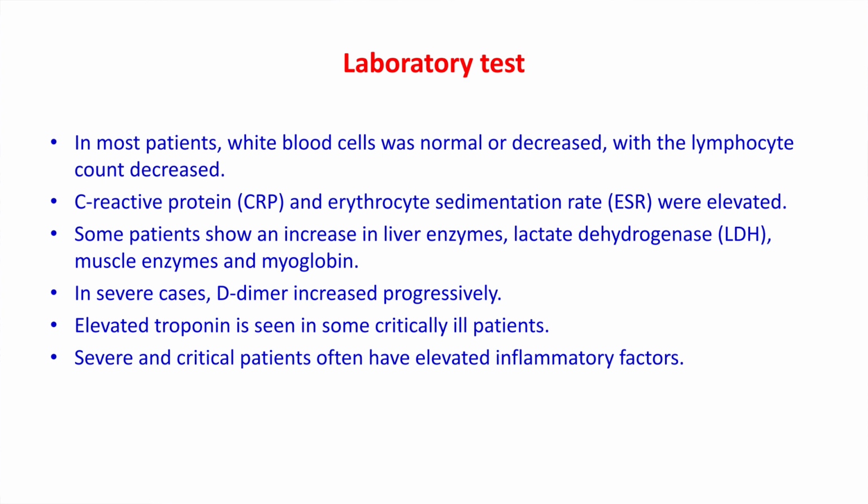CRP and ESR were elevated. Some patients showed increased liver enzymes, LDH, muscle enzymes, and myoglobin. In severe cases, D-dimer increased progressively, and elevated troponin is seen in some critically ill patients.